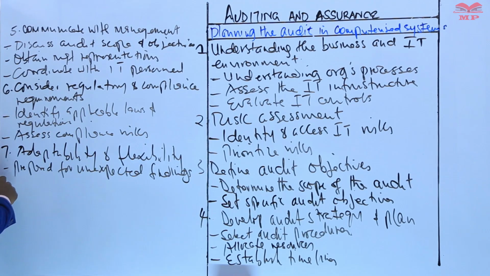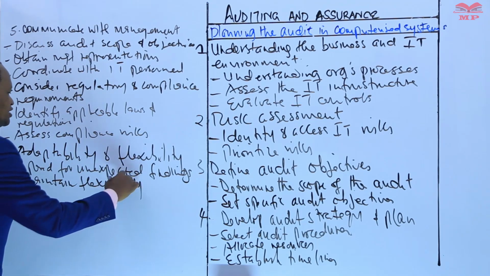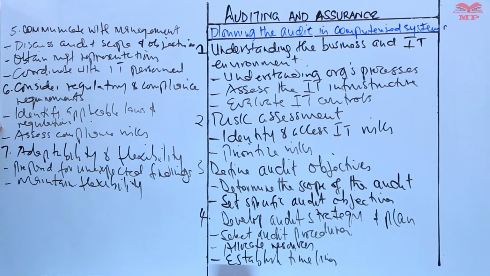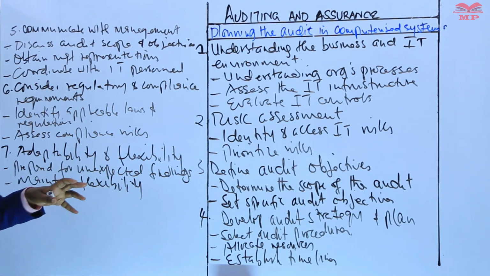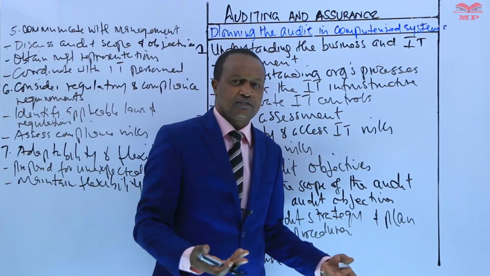Then he ought to maintain flexibility. The auditor, as much as he has a plan, is required to maintain flexibility. He should be open to adapting audit procedures as needed to address emerging risks or even changing circumstances.